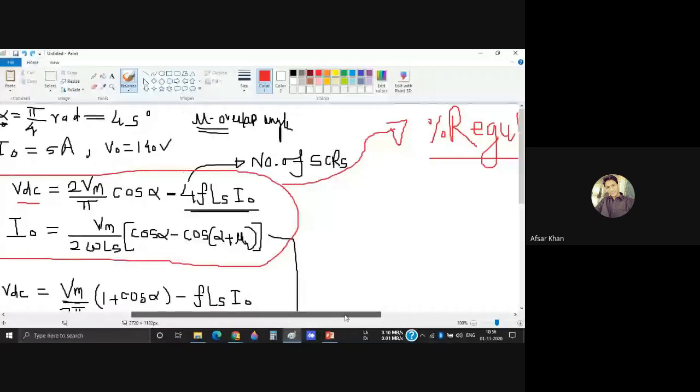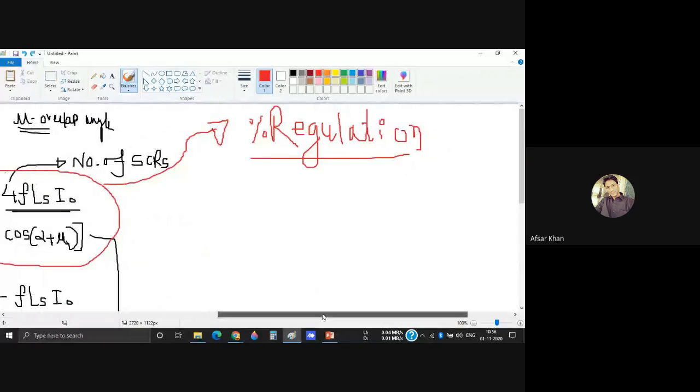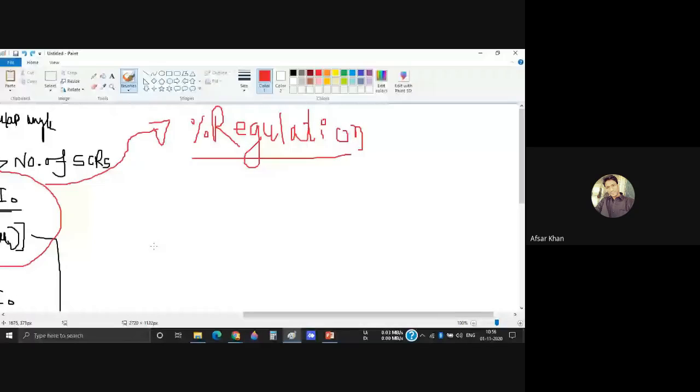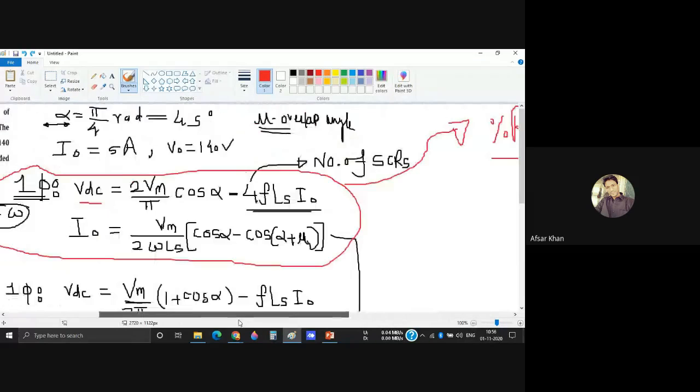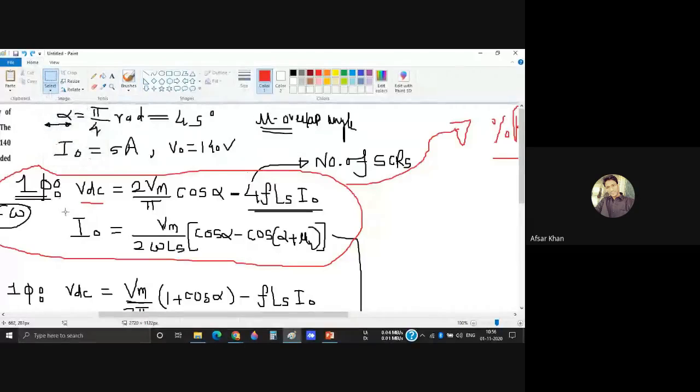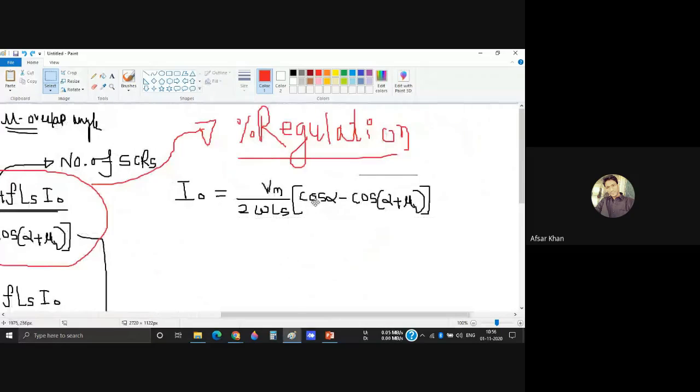So I will just write here. Just take the I0 equation. Just take this equation as it is. Yes, I'm taking this here. So this is your I0. Now if I simply rearrange this equation, it will be twice omega Ls into I0 is equal to what?